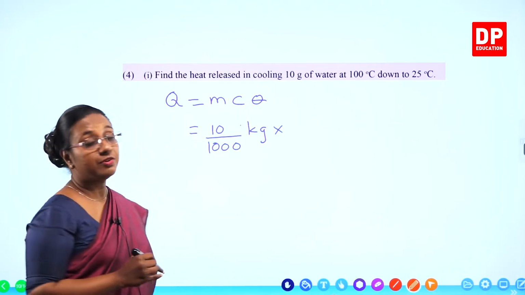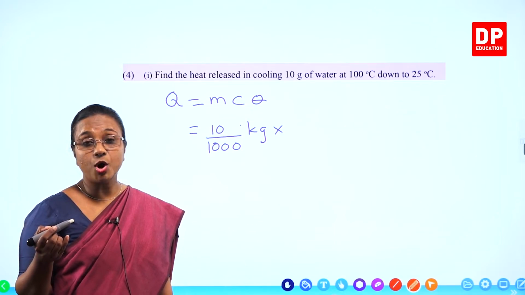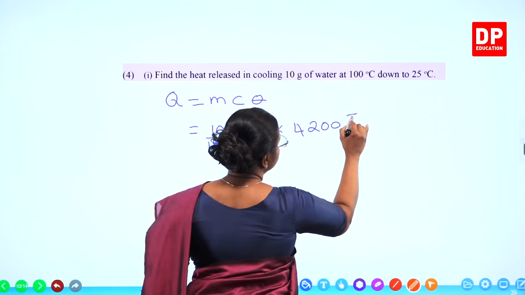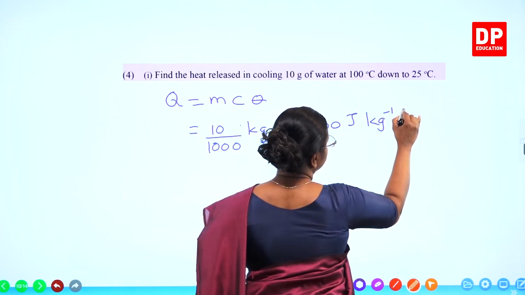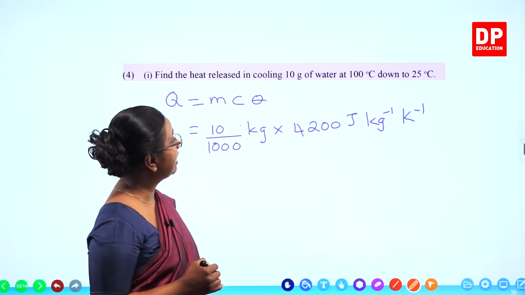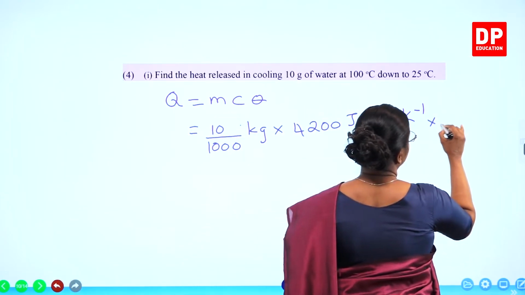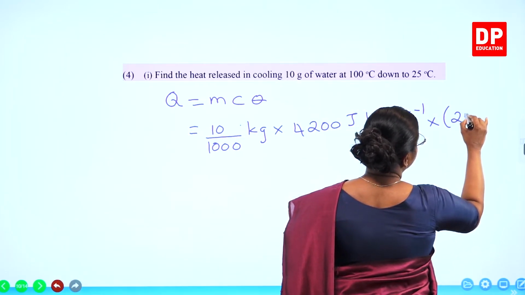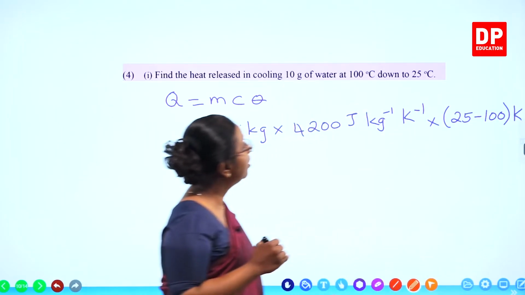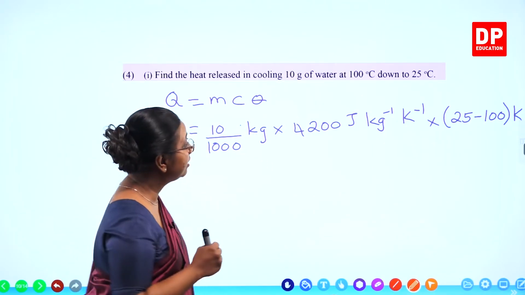And c is not given to you, but you all know what is the specific heat capacity of water. 4200 joules per kilogram per Kelvin. It was there in the previous question also. So you know the value. And what is the temperature change? Theta. That is equal to, again, 25 minus 100 Kelvin. As we know, degrees Celsius and Kelvins are equal when it comes to change in temperature.